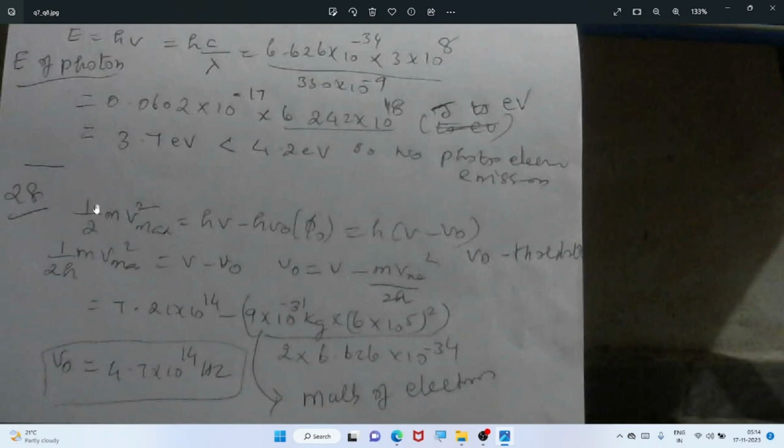Again we use this equation: kinetic energy of the electrons equal to incident light energy minus the work function. So from this, given the values, we can find V naught, that is the threshold frequency. This is the mass of the electron. In this equation we need the mass of the electron.